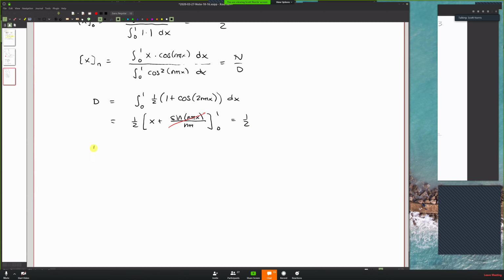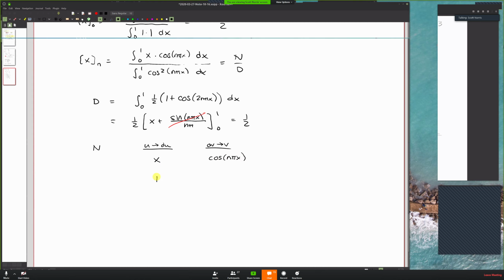All right, numerator. For my numerator, I'll use a parts chart. U to du, dv to v. The thing I'm going to be differentiating over and over again is x, and the thing I'm going to be integrating over and over again is cosine.